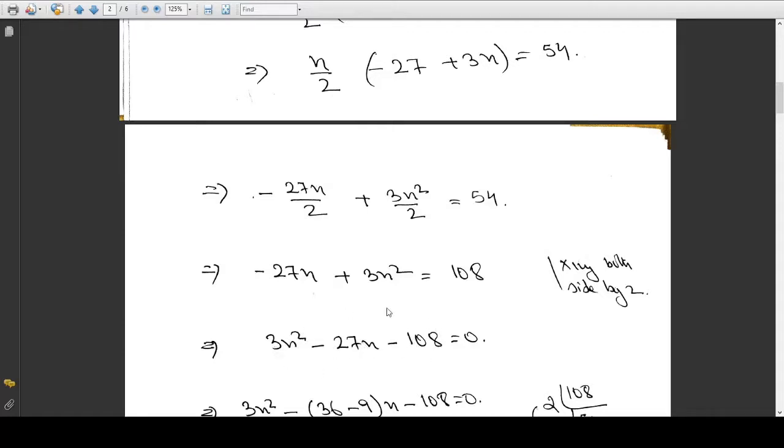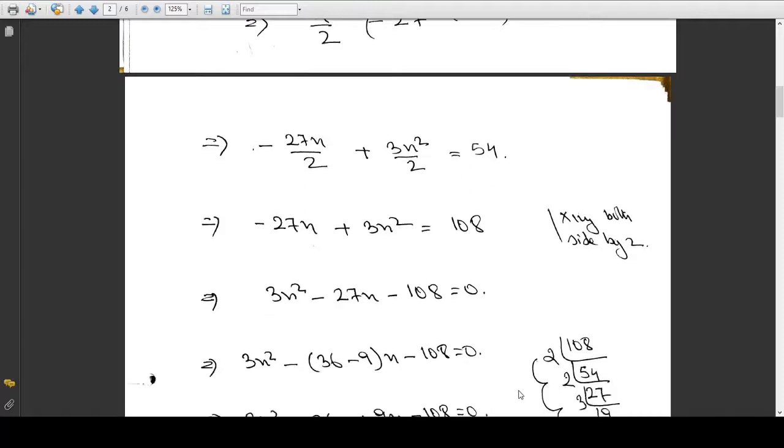Now to solve that, either you can use the formula for finding its roots, that is n equals minus b plus or minus the square root of b squared minus 4ac, all over 2a, or you can do it by splitting the middle term, or by factorization. Here we'll do it with factorization. 3 multiplied by 108. The factor of 3 is 3 only, 3 times 1.